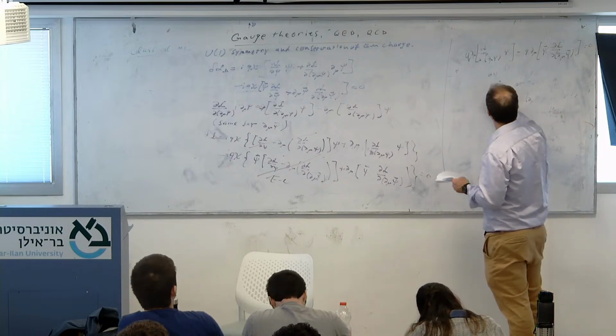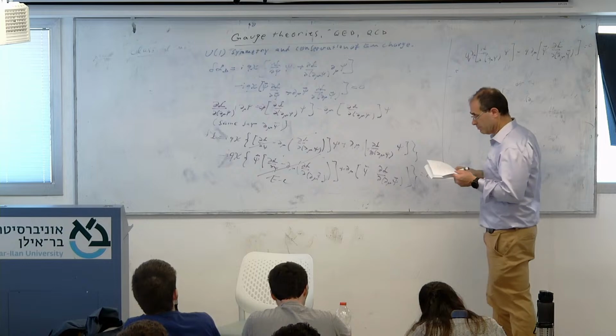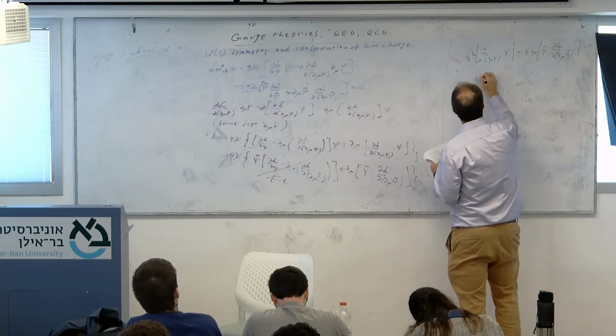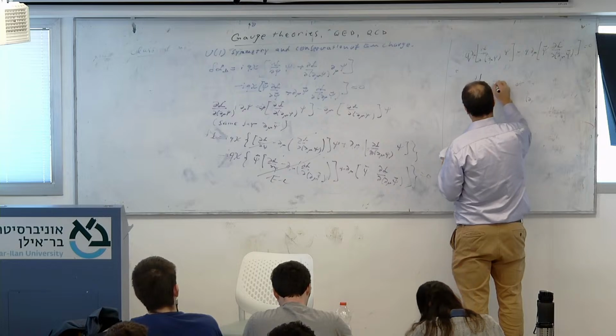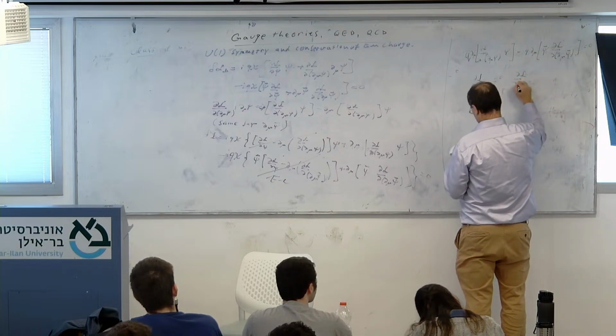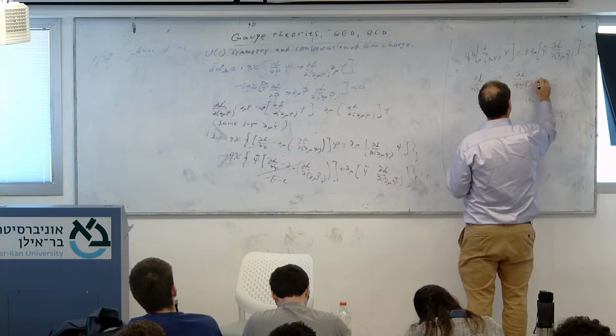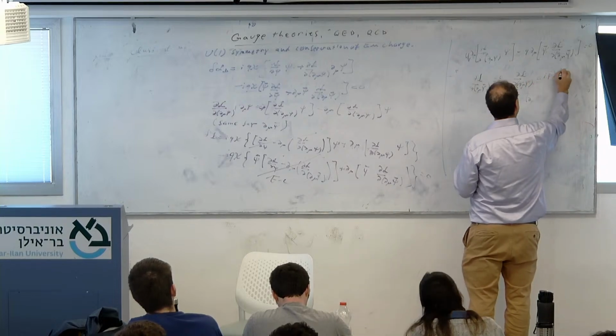And remember the derivatives that we calculated previously. dL over d mu psi bar is equal to 0, and dL over d mu psi is i psi bar gamma mu, which we derived.